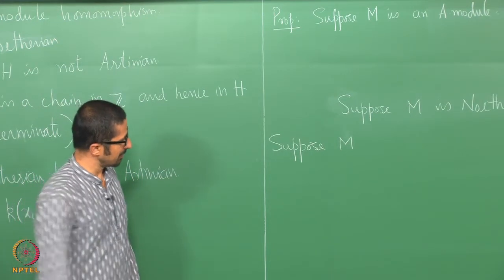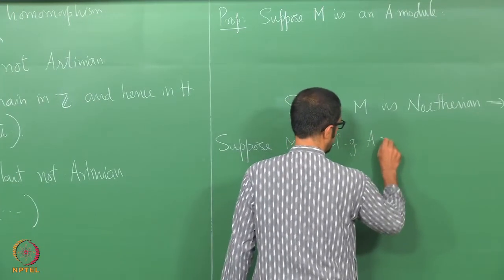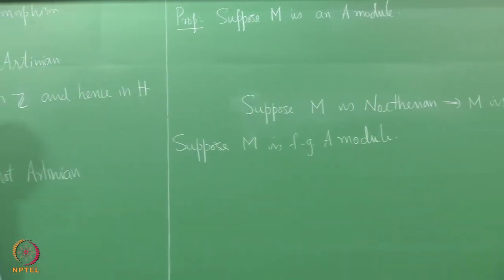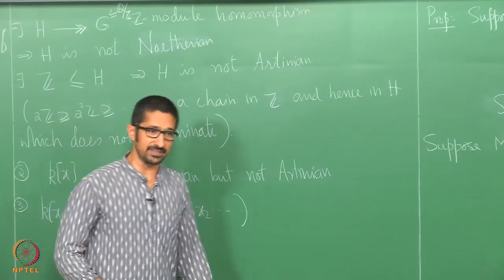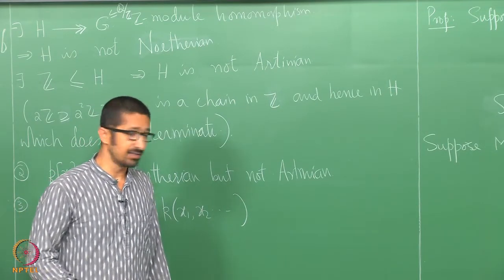Suppose M is a finitely generated A module. We have not said anything about A. Can we say that M is Noetherian?